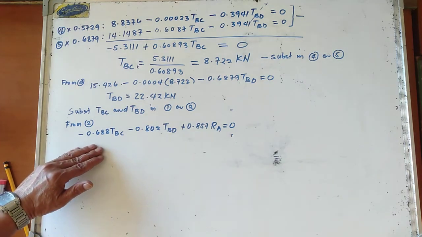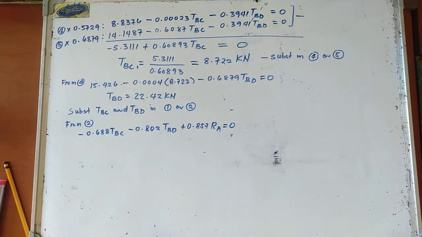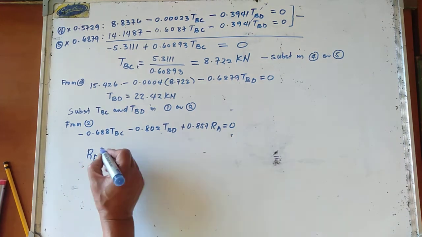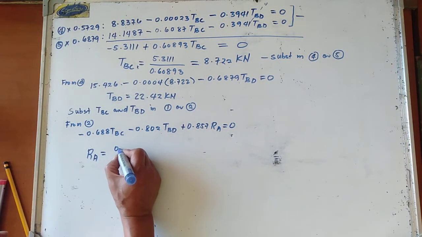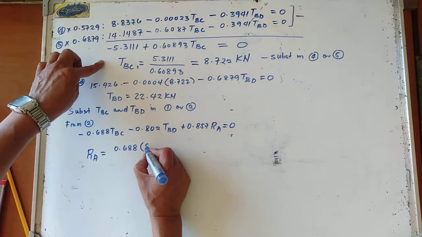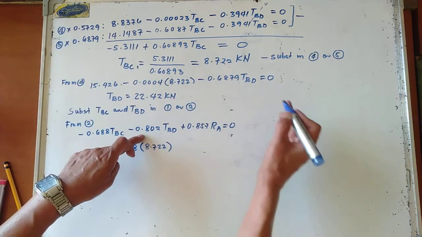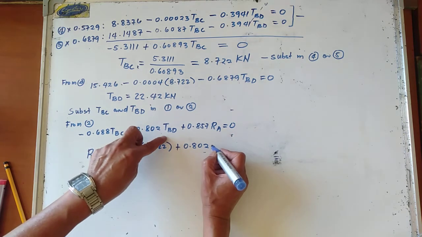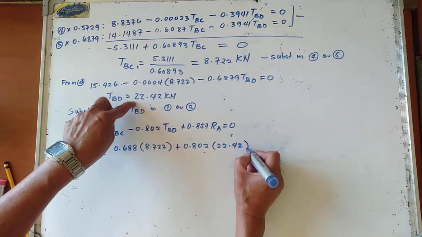So this is your equation 2 that was derived from summation of forces along the y-axis. So that your RA is now equal to, transpose this to the other side, so it's positive, 0.688 T sub BC is 8.722 kilonewtons, plus 0.802 T sub BD is 22.42 kilonewtons.